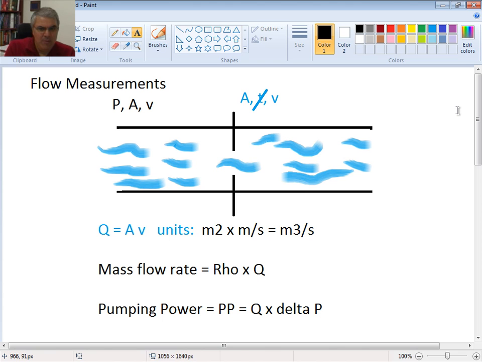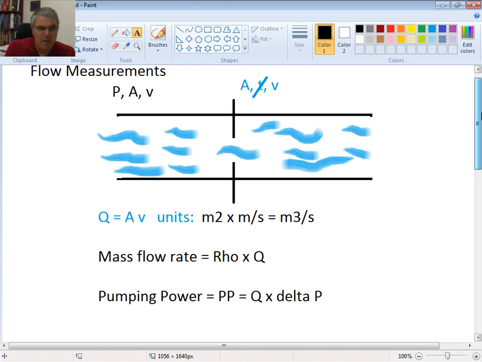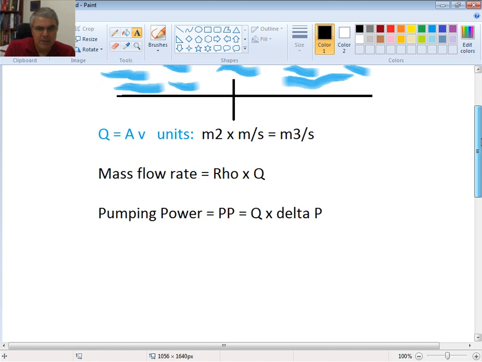So what would be the unit of pumping power? As you can imagine, knowing that Q would be cubic meter per second, then delta P would be the unit of the pressure.